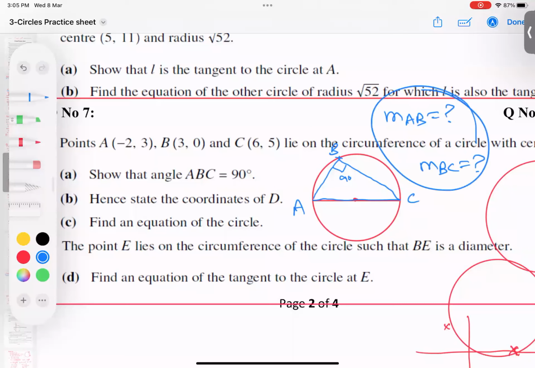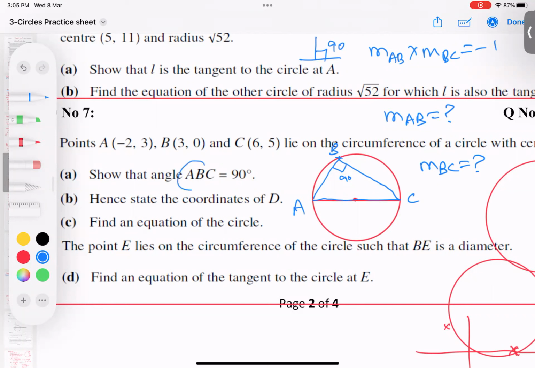And if the product gives you -1, because whenever the product of two gradients is -1, it means they are 100% at 90 degrees. So job number 1, find the AB gradient, then the BC gradient, and the product must be -1. It proves that this is 90 degrees, then understood that AC will automatically be the diameter. I hope you got my point.